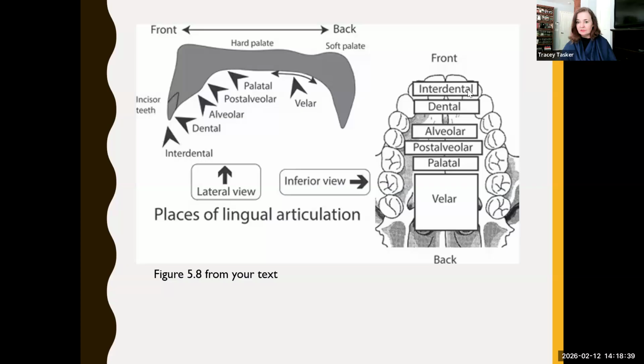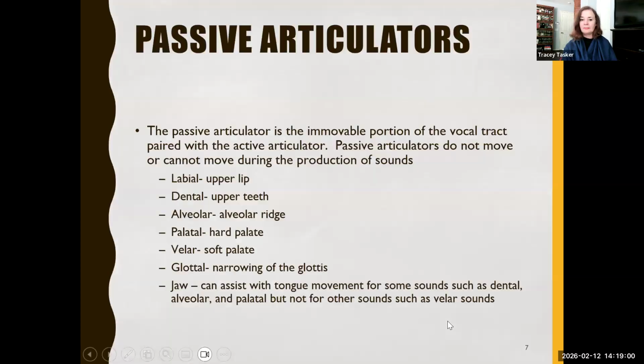So interdental, talking about your teeth, alveolar, the alveolar ridge, the hard palate, all the way back to the soft palate. This is a view as if you had your mouth open, looking from the front to the back of the mouth from the side.